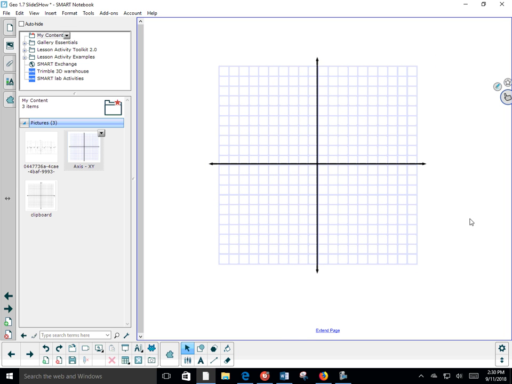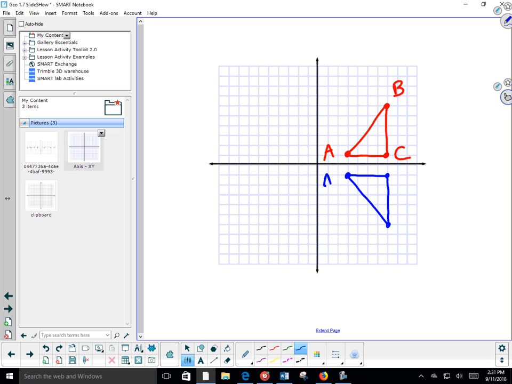So if I have a figure here, let's say I have A, B, C here, and let's say it is getting reflected. What axis am I reflecting over?